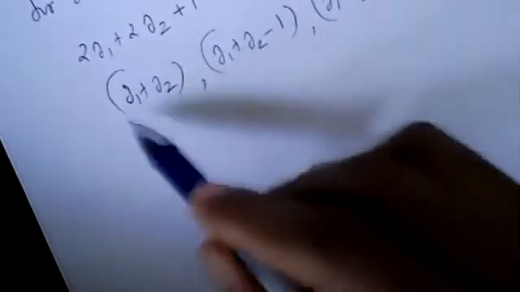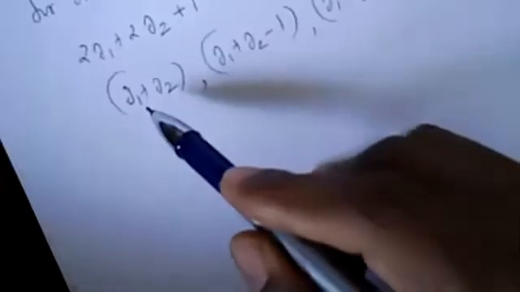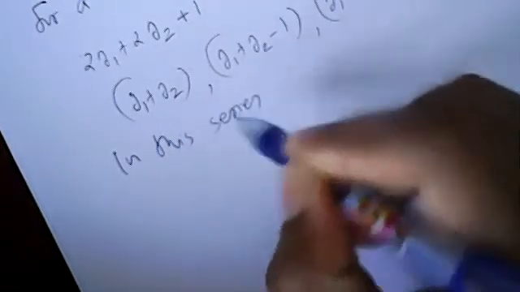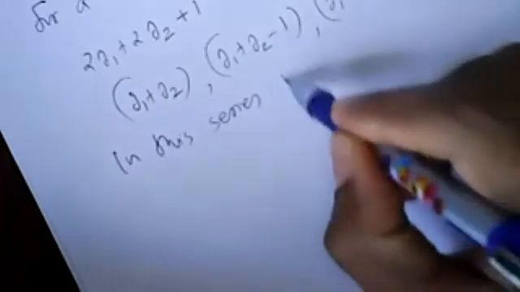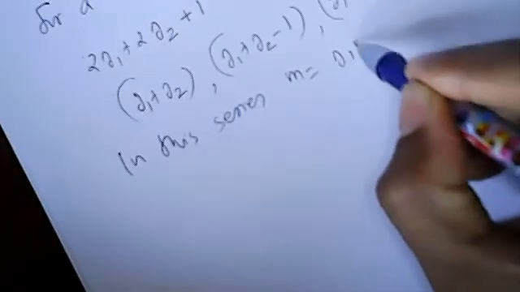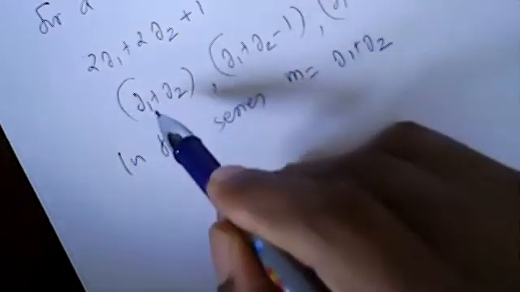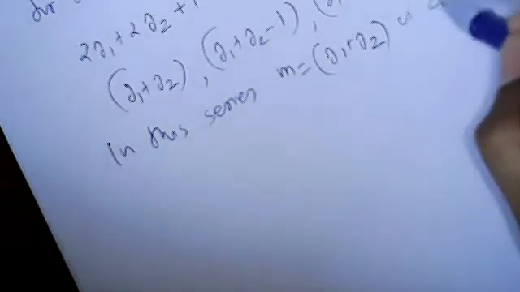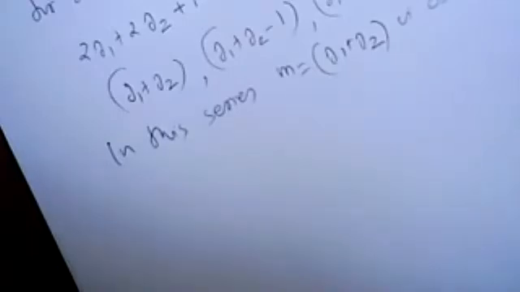So in this series, M equal to J1 plus J2, the first one, is obtained only in one way.